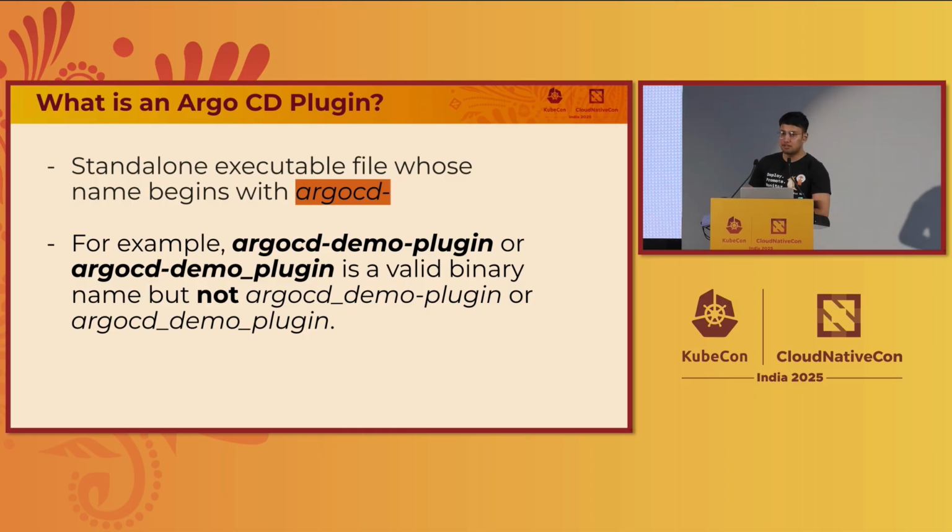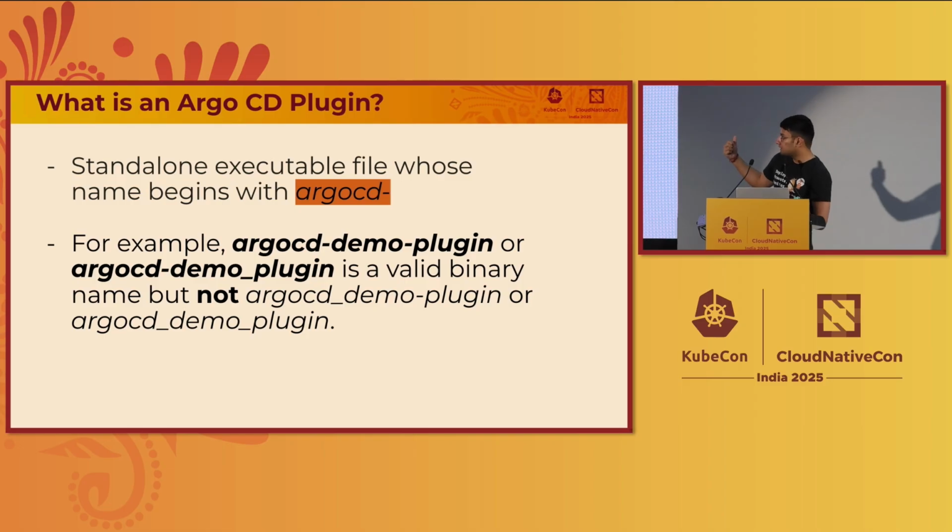But how is it going to get executed? Let's say the binary's name is ArgoCD-demo-plugin. That's the binary's name, simple. Or let's say the binary name is ArgoCD-demo_plugin. These two are valid binary names, but the reason I'm telling you is that everything after ArgoCD hyphen is automatically going to become a subcommand of ArgoCD.